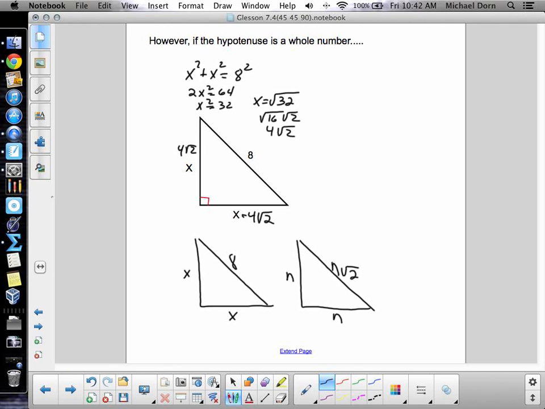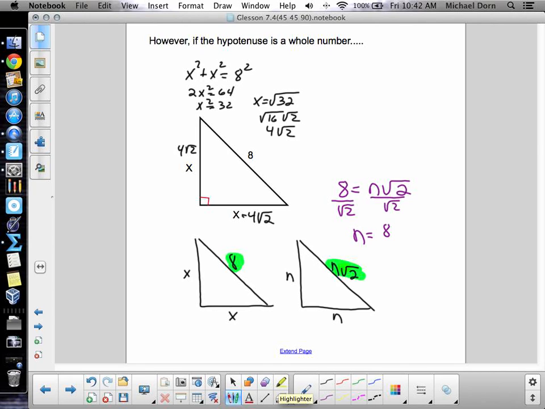All right? And the way I would look at this, I'd say, oh, 8 equals n root 2. And these are the equations we did last night. This is what we were solving. Divide by the square root of 2.